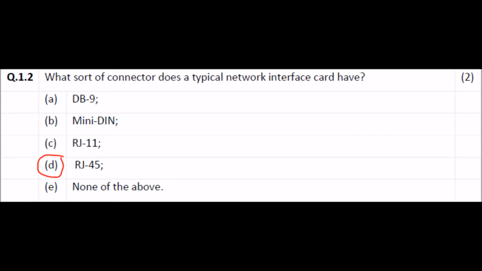When you're looking at your generic networks, RJ45 would be your default go-to. RJ6, 9, and 11 are arguably incorporated within the telephone space, or a basic telephone connection as far as telecommunication is concerned. So 1.2 would be D, RJ45, also known as registered jack 45.